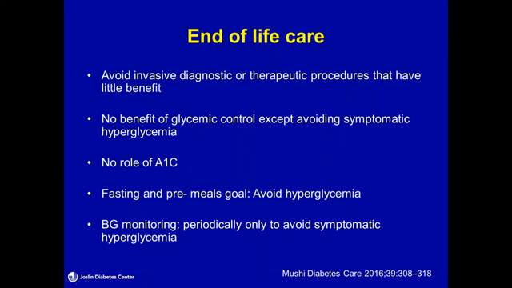And the last thing I want to say is that in this elderly population, we also have end-of-life problems. In this case, we don't want to be aggressive. The one thing we want to avoid is hypoglycemia and hyperglycemia, meaning blood glucose above 200, which can increase dehydration, electrolyte abnormalities, and kidney failure. Otherwise, we want to be as conservative as possible.